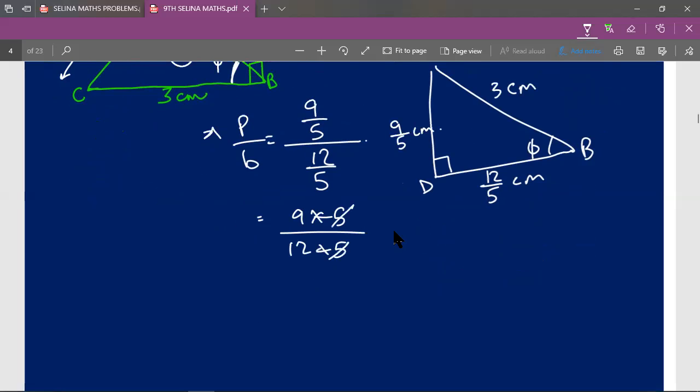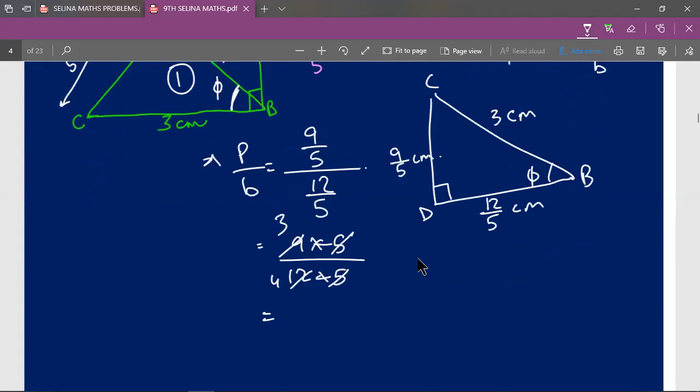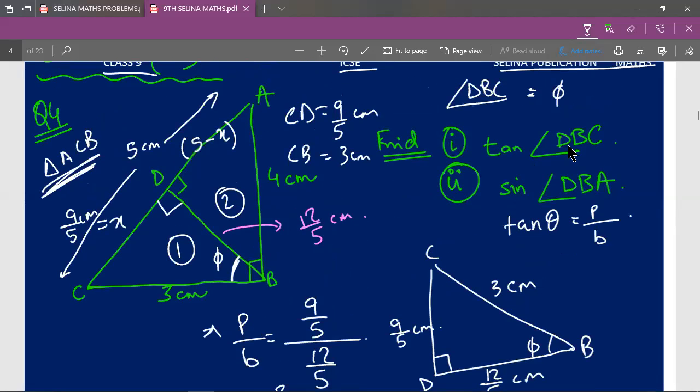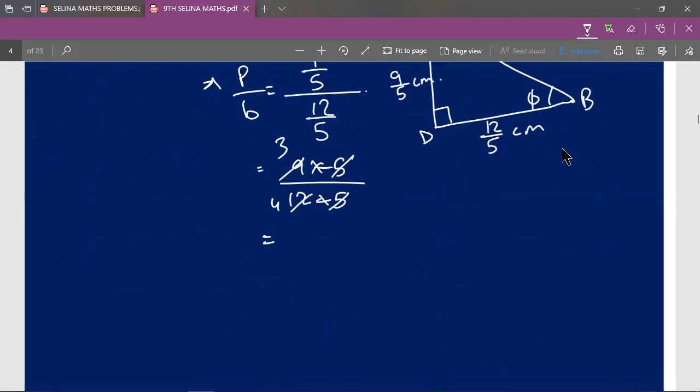So 5 is cut, and it is divisible by 3. So 3 3s are 9 and 4 3s are 12. So our final answer for tan phi, that is tan angle DBC, is 3 upon 4. Okay, so this is our first question.